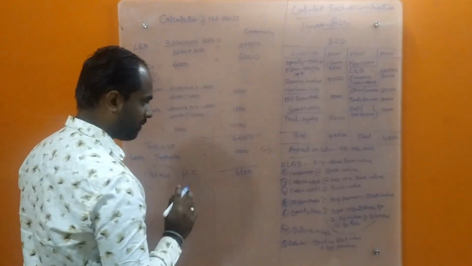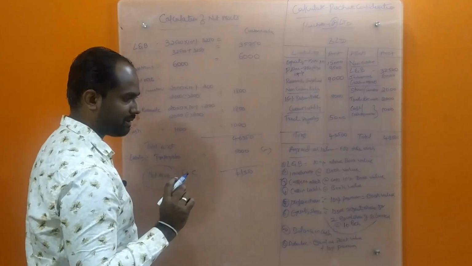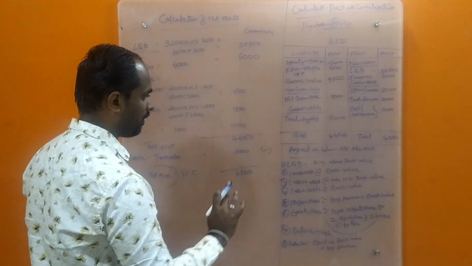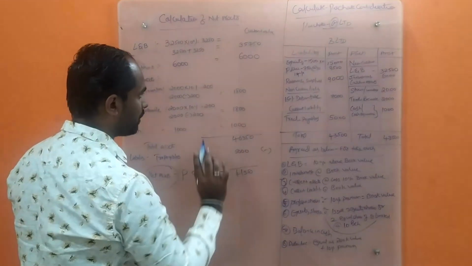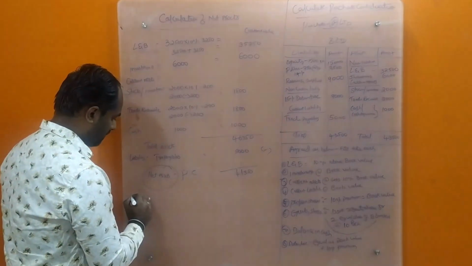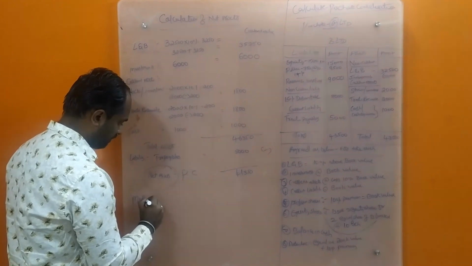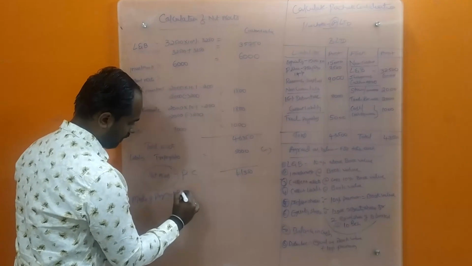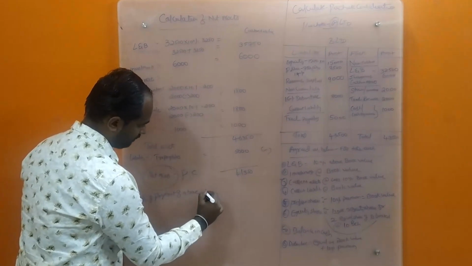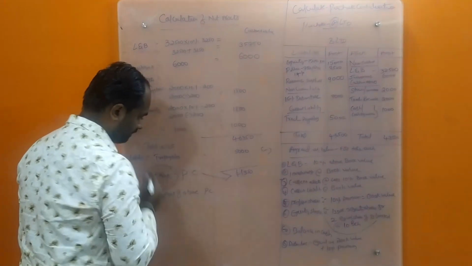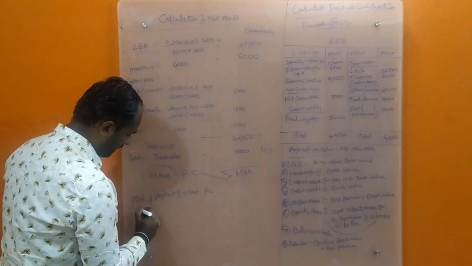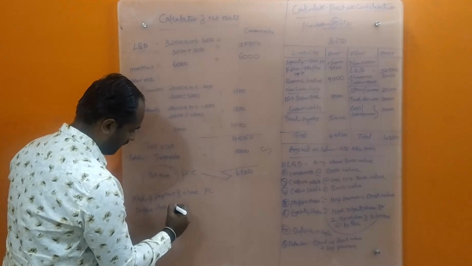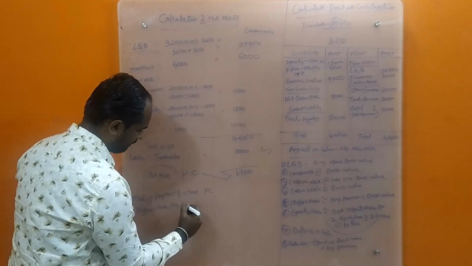So we have to consider this. First, preference shareholders, we have to give priority. So directly give preference shares at 10% premium on book value, they are telling. So what is your book value? 7,500. So the mode of payment of the above PC. First thing, preference share at 10% premium.